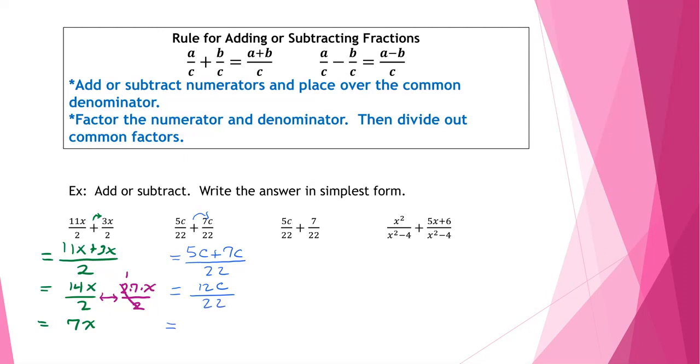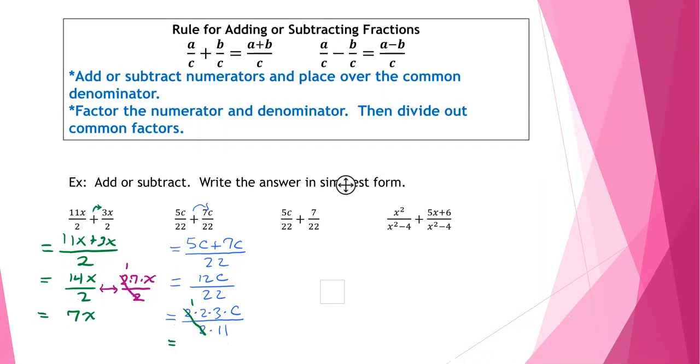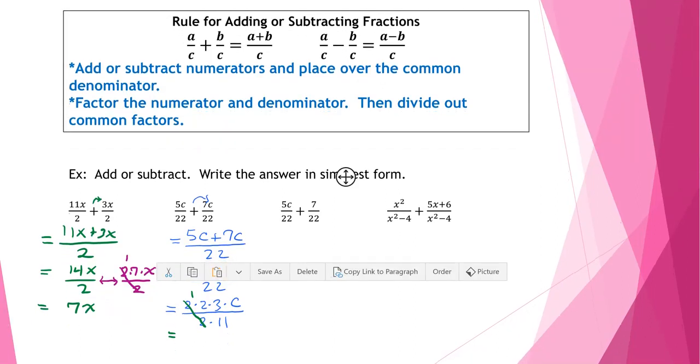Then we can factor to look for common factors. 12 is 2 times 6, and 6 is 2 times 3, and then times c. And 22 is 2 times 11. So you can see there's a common factor of 2. Our final answer is going to be 2 times 3, which is 6, times c, which is 6c, all over 11.